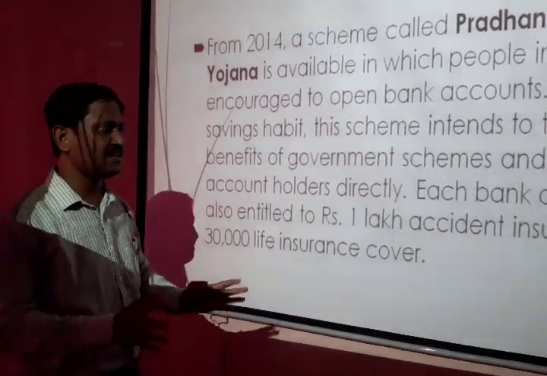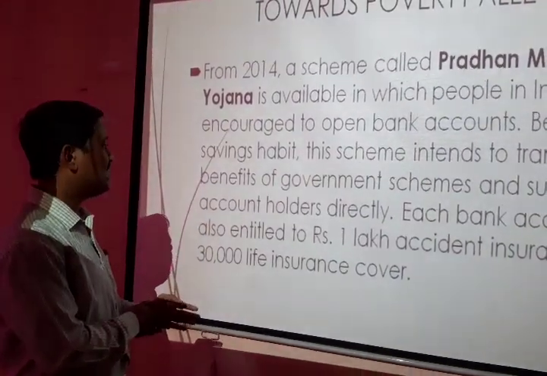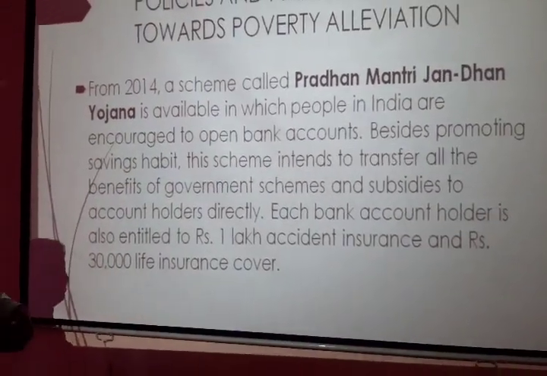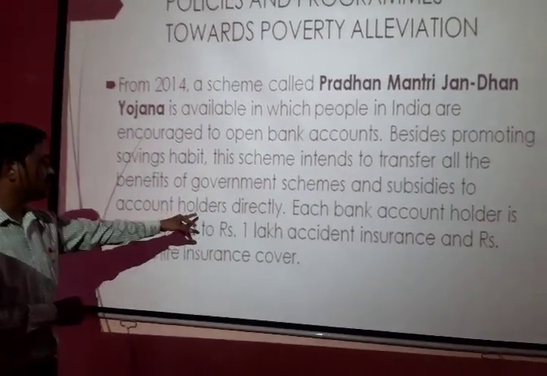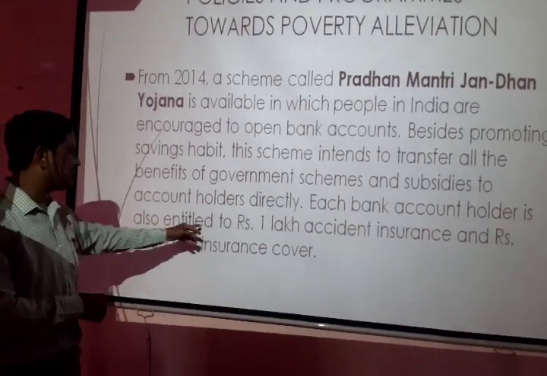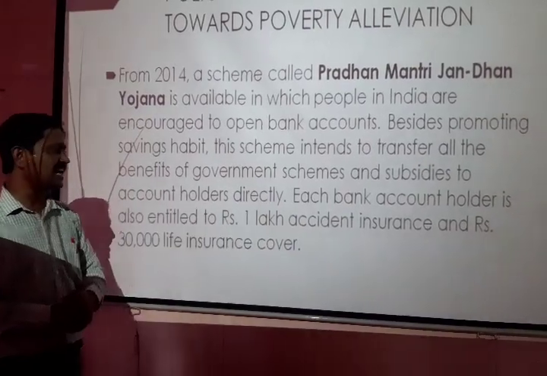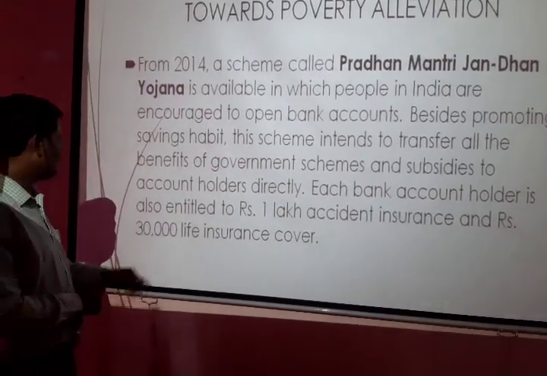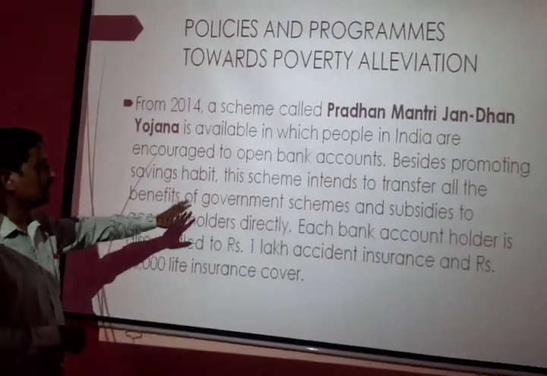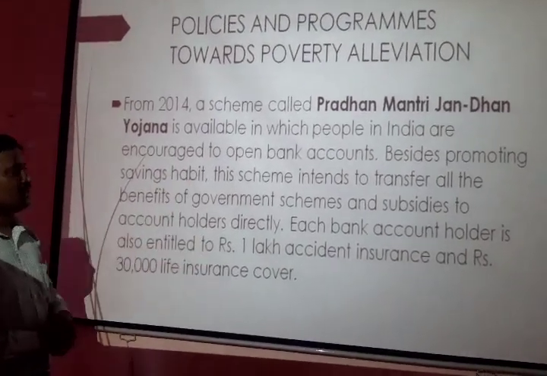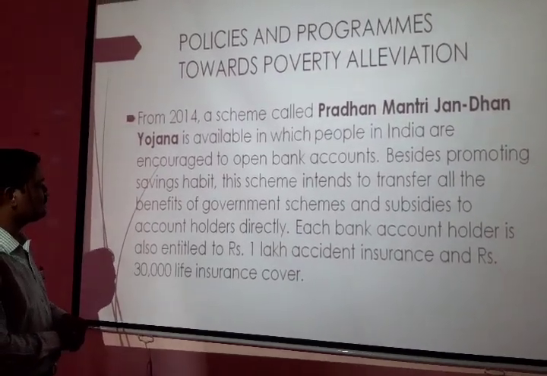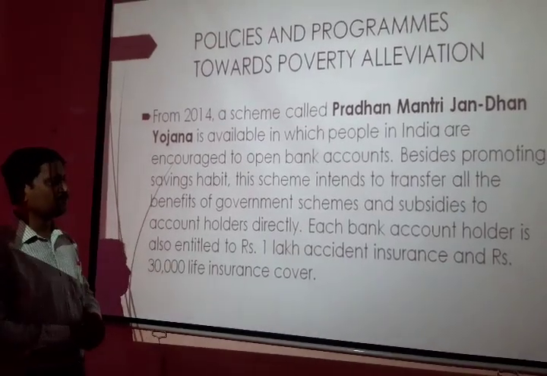Whenever any government benefit scheme is launched, the benefit and subsidies are transferred directly to the account holder. Each bank account holder is also entitled to 1 lakh accident insurance and 30,000 life insurance cover. These are the benefits given by Pradhan Mantri Jan Dhan Yojana so that people living below the poverty line can be uplifted.